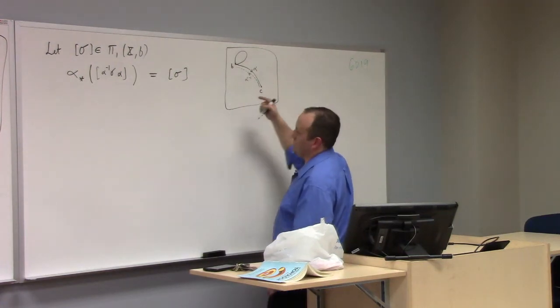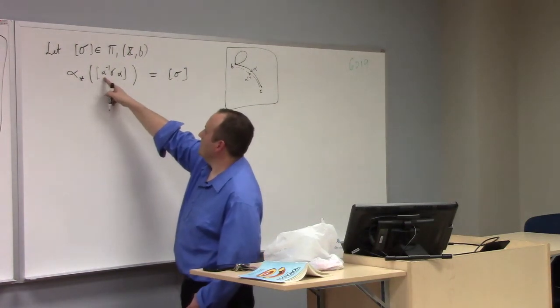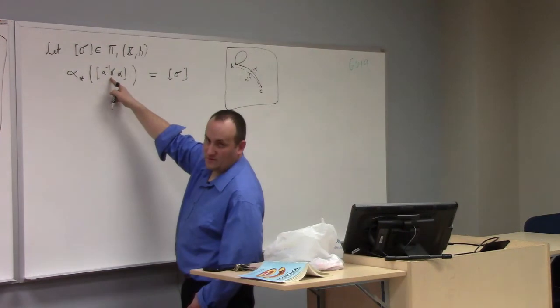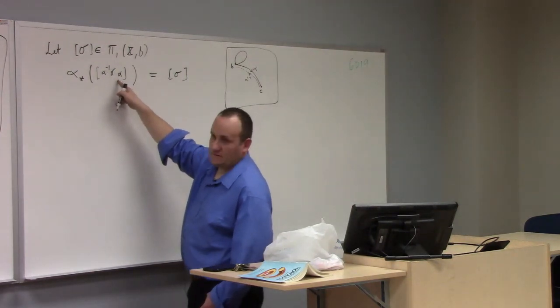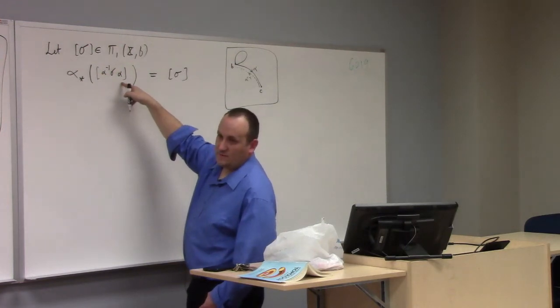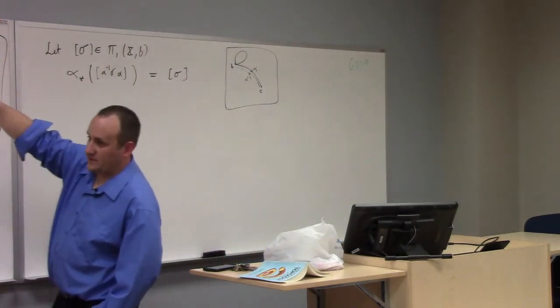So alpha inverse takes C to B, sigma takes B to B because it's the loop at B, and then alpha takes it back to C again. So this is a loop at C, which is what we need to feed to alpha star.